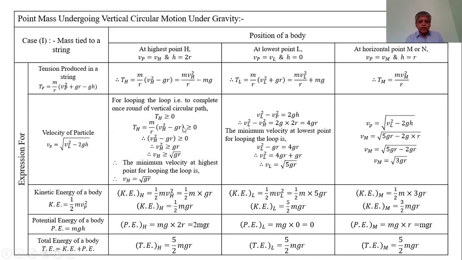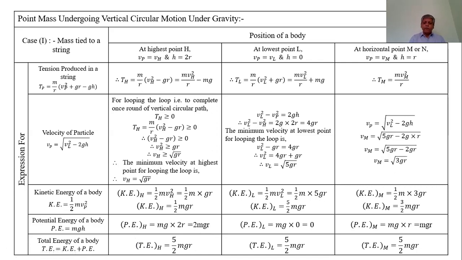Therefore, the potential energy is equal to 2 times mgr. And total energy is equal to the sum of half mgr plus 2 mgr. 2 is the LCM. Therefore, 1 plus 4 mgr, that is 5 mgr, that means 5 by 2 mgr. This is the total energy at the highest position.